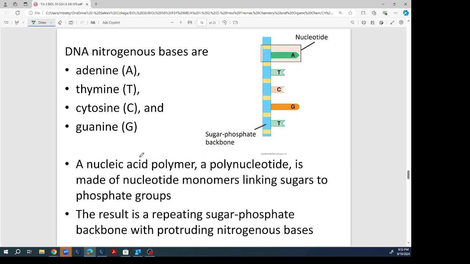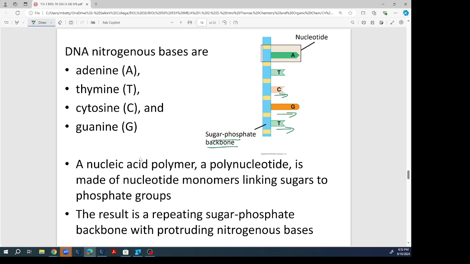DNA has the nitrogenous bases adenine, thymine, cytosine, and guanine. You do not need to memorize a lot of this stuff. I like summarizing them just into the letters. And the idea here is that the monomers link from their sugar and their phosphates. And so what we end up with is kind of like the rails of a ladder, this sugar phosphate backbone going up the side with protruding nitrogenous bases.